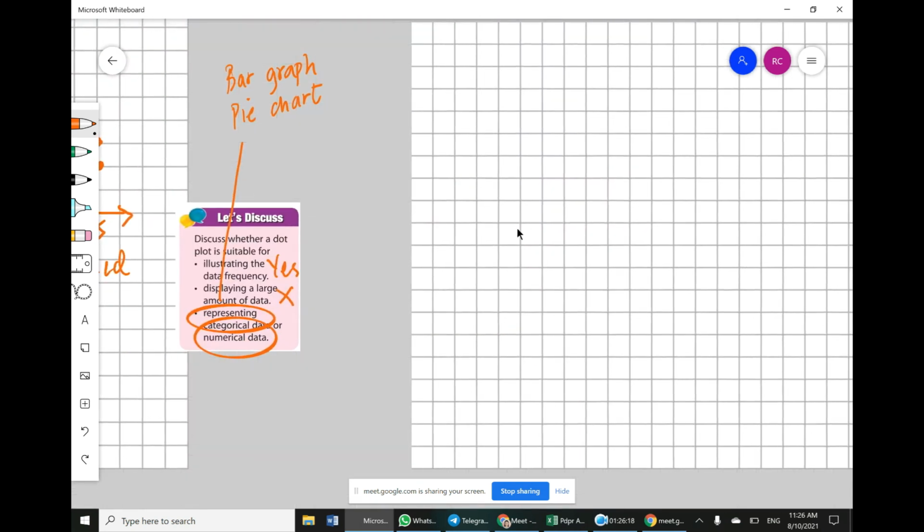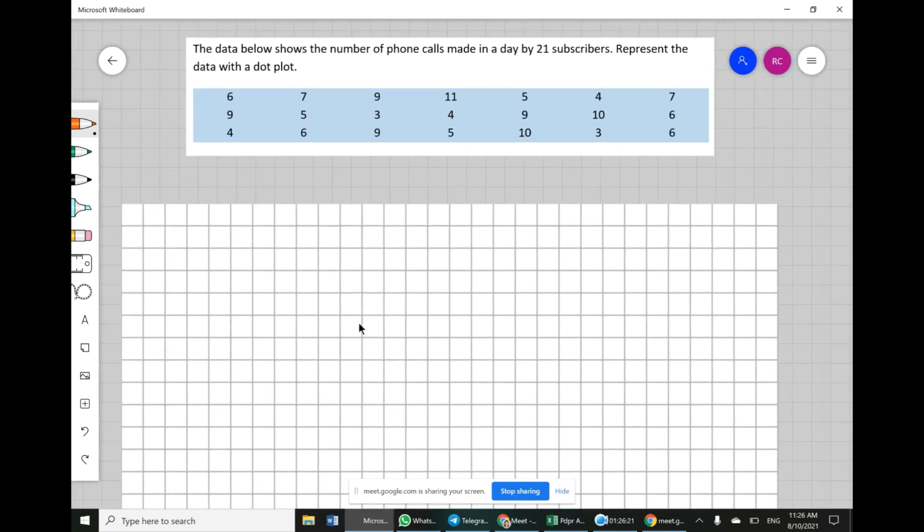This is simple. I don't want you to finish everything. What I want you to do is draw the line with the range of the values. Before that, I think we are out of time already, so you just need to tell me the highest value from the data given.